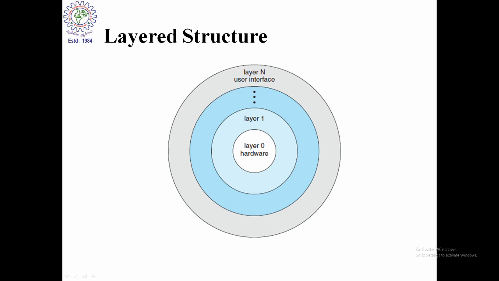Only then can we deal with the functionalities of storage components. That is a great disadvantage here, because only the layers which are present above will be able to access the layers which are present below them. So it is definitely a con here.